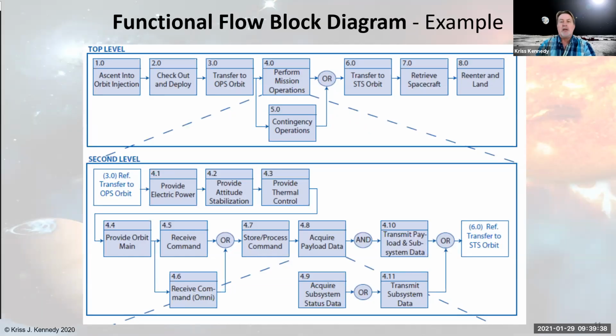So here is an example of a functional flow block diagram. At top level, like what I showed you for the TransHab, this is not TransHab obviously, but 1.0 is ascent into orbit injection, check out and deploy, transfer to ops orbit, perform mission operations, and you also can have a contingency operation.